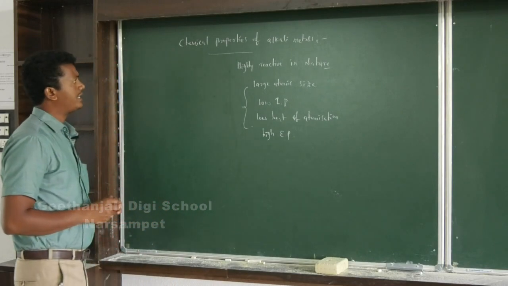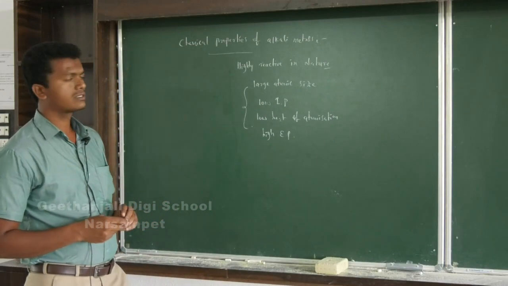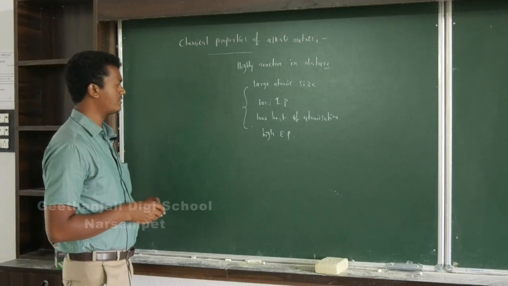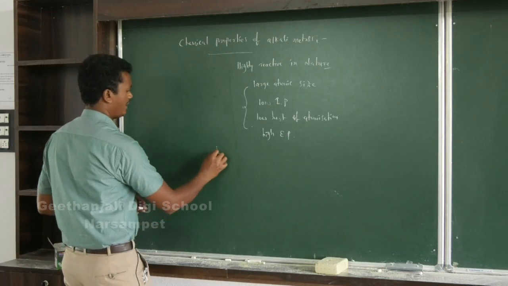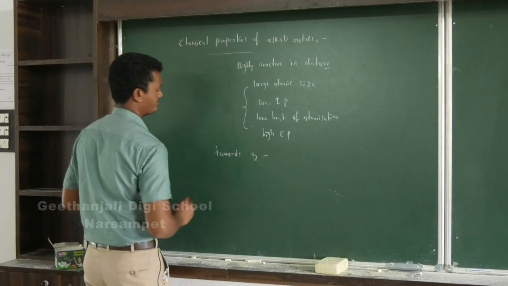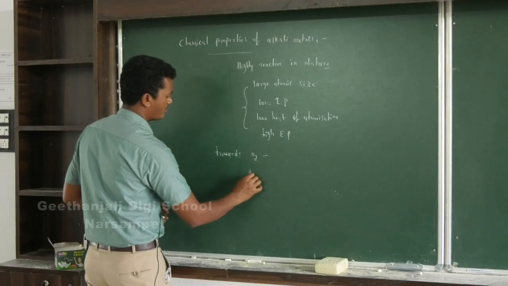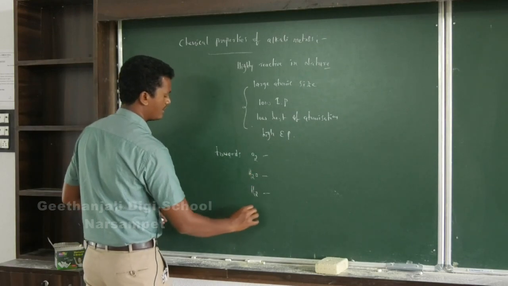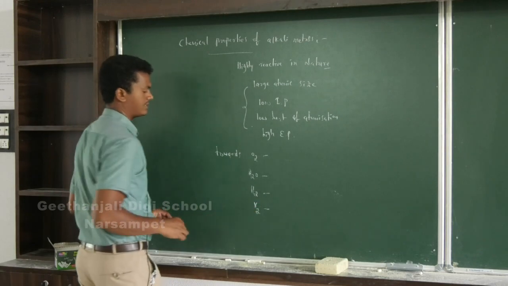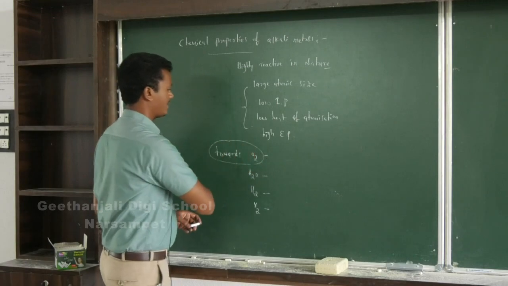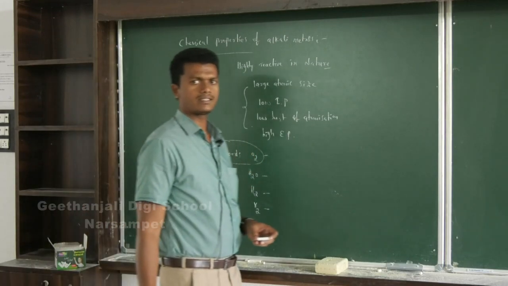The chemical properties towards some respective reactants we have to discuss now: reactivity towards oxygen, reactivity towards water, reactivity towards hydrogen, reactivity towards halogens. First, reactivity towards oxygen.